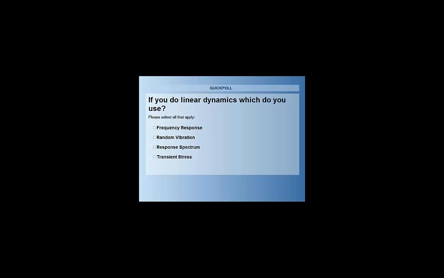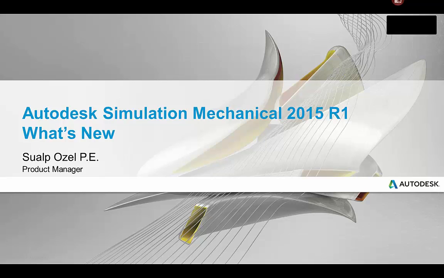Frequency response is off to the early lead, above 90% of everyone that's attending, followed by transient with about 60, response spectrum at 45, and random vibration at about 30-something. Some people are still voting, so I'll let that go a little longer.